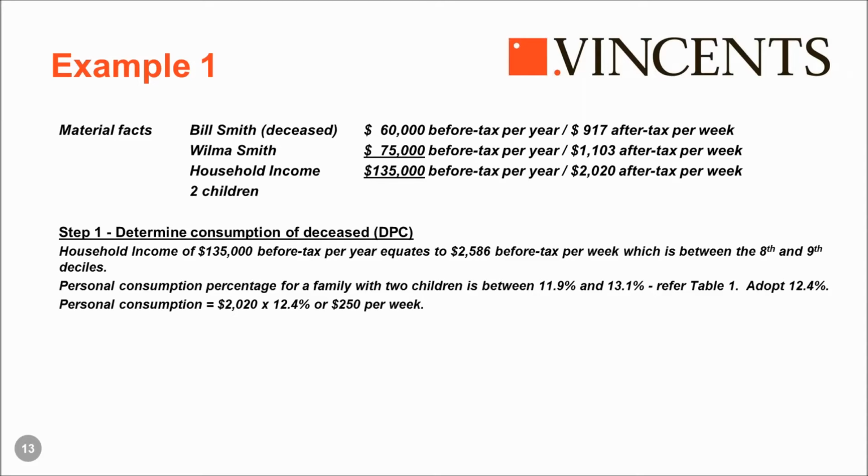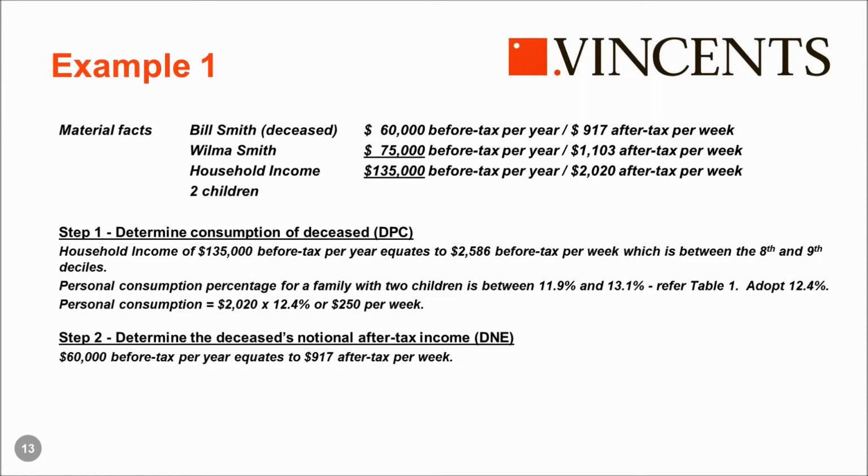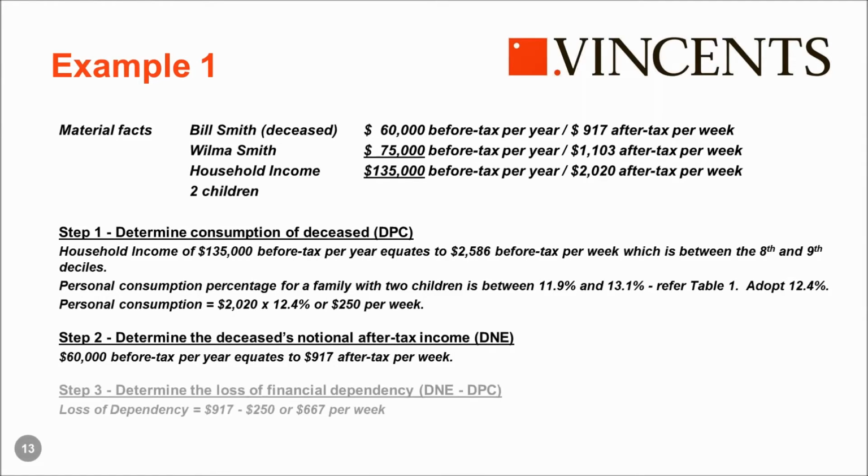Now that is obviously a little bit lower than the previous consumption percentages stated in the Luntz handbook. And by utilizing that percentage that we've adopted, the 12.4%, we then use that to calculate out the loss of financial dependency at step 3 at the end there.